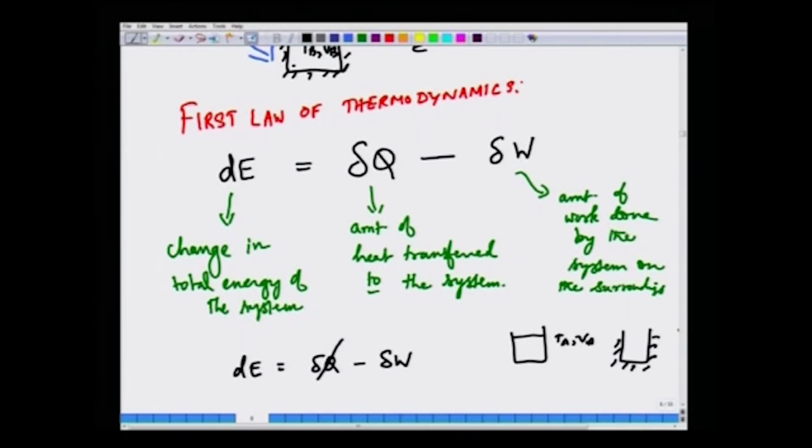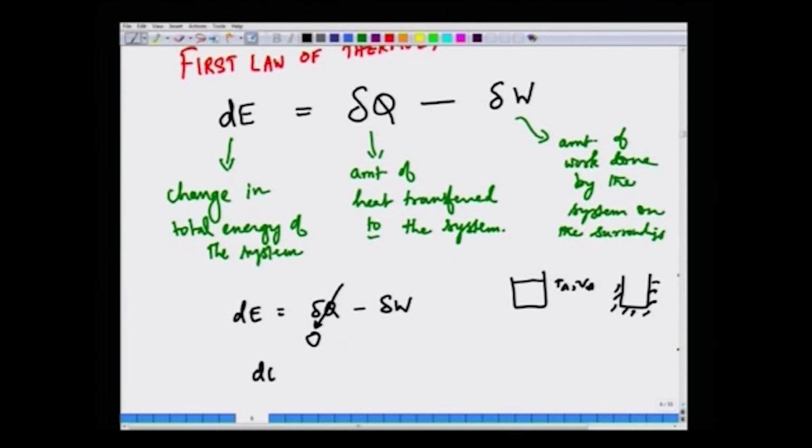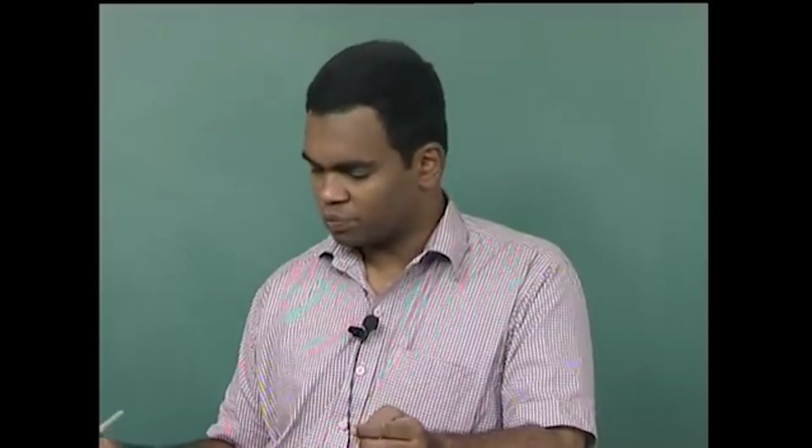When you insulate the system, there is no heat transfer with the surroundings, so del Q is 0. So, the change in energy is equal to minus del W. If you do work on the system, then del W is negative. So, negative of negative is positive. So, the energy increase is positive, that is, the system has increased its energy, which is what we said, and it makes intuitive sense as well.